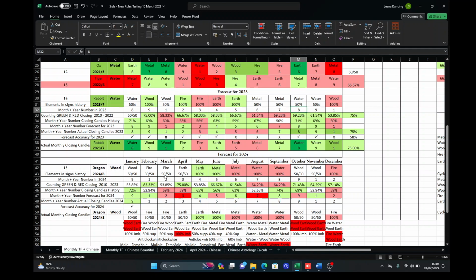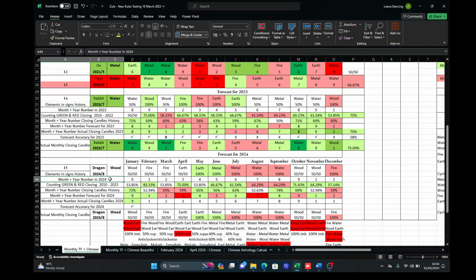And another reason why I've got March as a red candle is because according to Western numerology, it is month number 2. Let me show you how I calculate the months. So March is number 3 as a month, right? But I calculate them in another way, which is my own original system. I bring month plus year together.